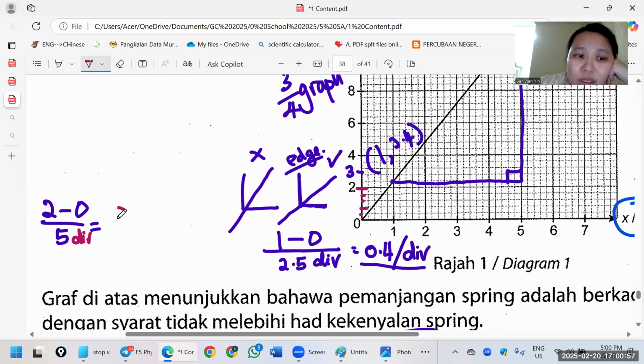So 2 divided by 5 equals 0.4. Now see, one grid above is actually 0.4.